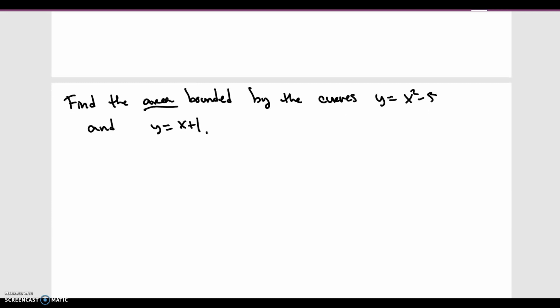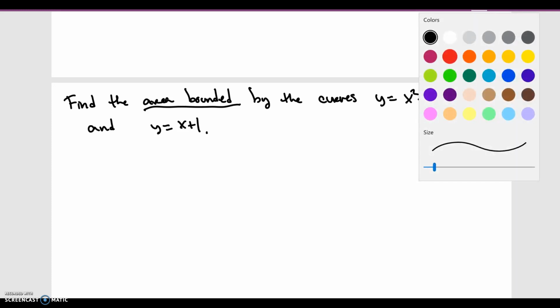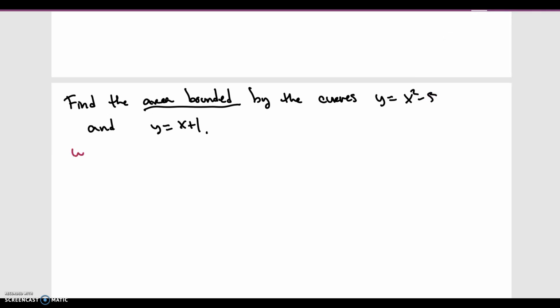So since we're looking for the area bounded between the curves, in order to find where they intersect, one of the things that you want to do is set them equal to each other and solve.